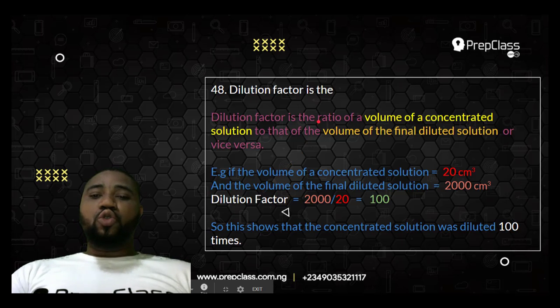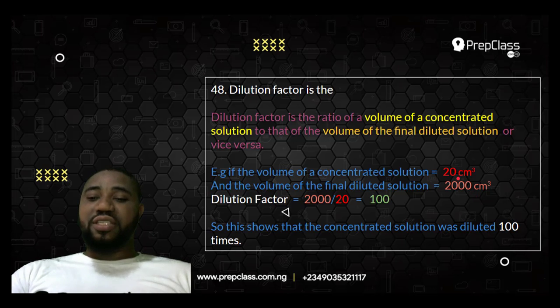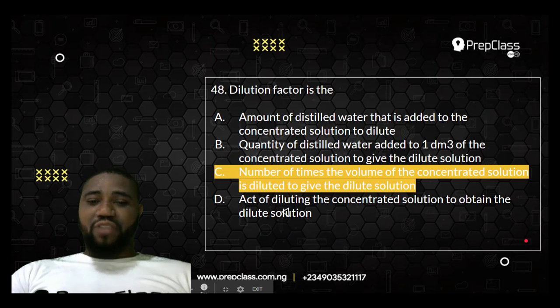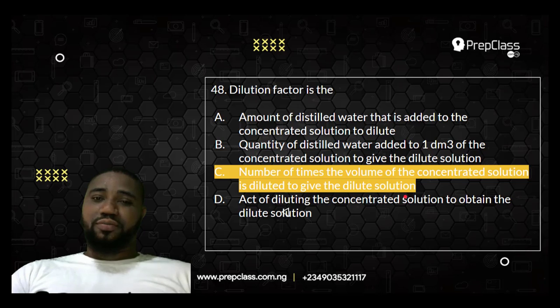Now, for you to make a dilute solution of 2000 centimeter cube from a concentrated solution of 20 cm cube, you divide 2000 by 20 and you get 100. This means that to get the dilute solution, the concentrated solution will be diluted 100 times. Are you following? So because of that, your best choice is C. The number of times the volume of the concentrated solution is diluted to give the dilute solution.